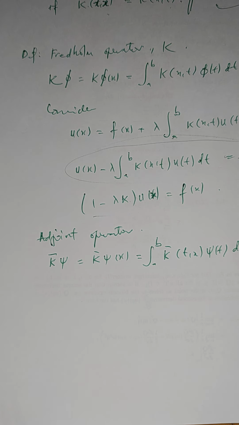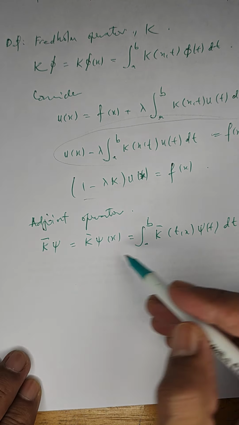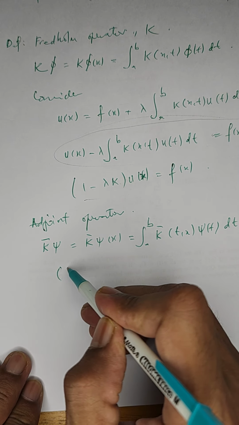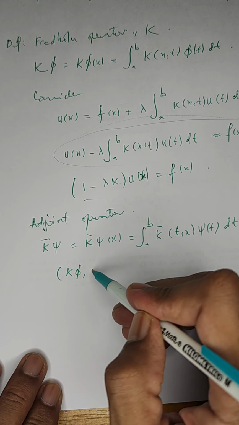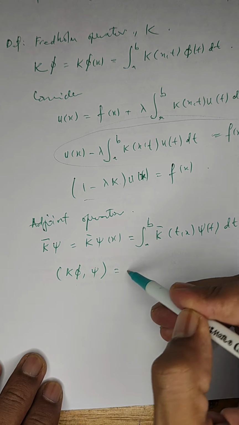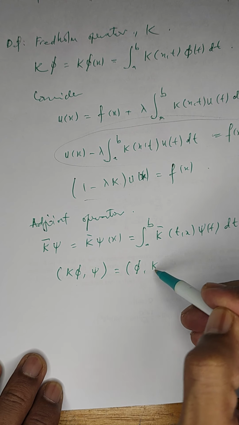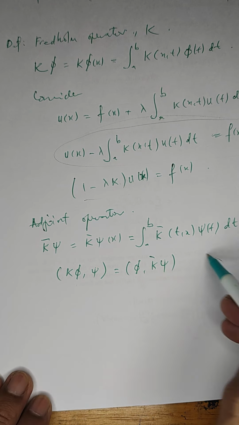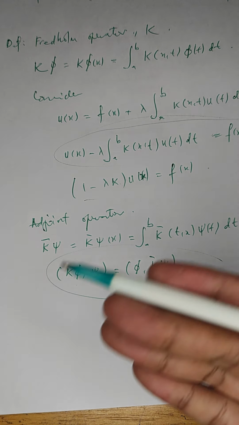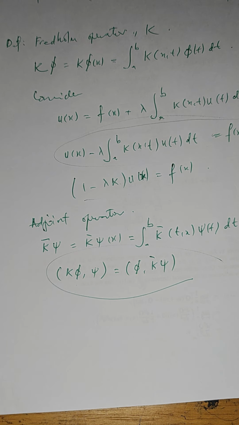This we call the adjoint operator. We have this relationship: if the inner product of K phi and psi is equal to the inner product of phi and K star psi, then we say it is the adjoint operator.